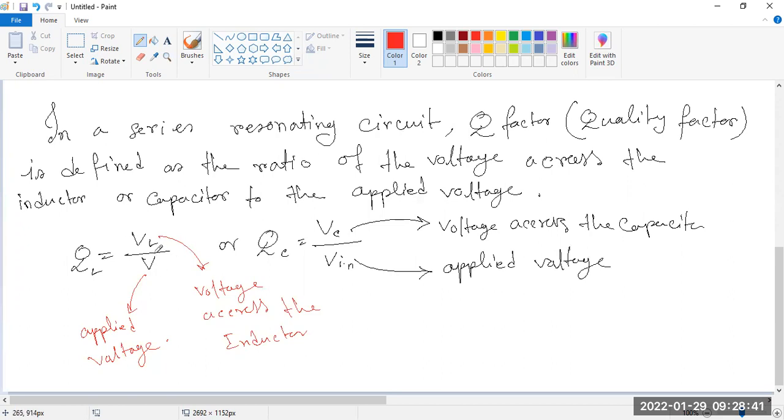So you can see that always in this series resonating circuit, if you apply some voltage, you get some greater voltage than the applied voltage for the inductor as well as for the capacitor. So this is just like an amplification or magnification.